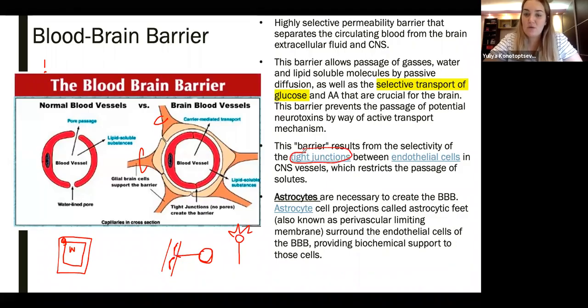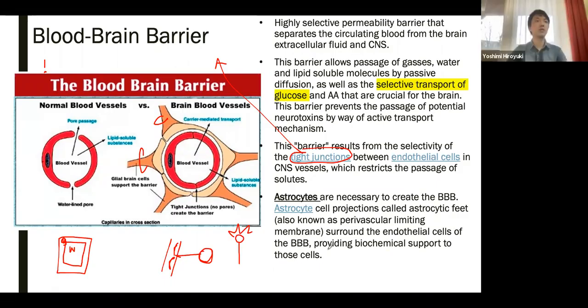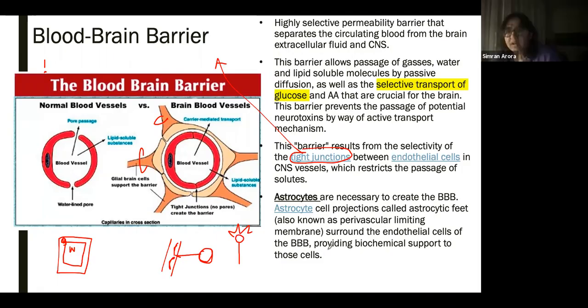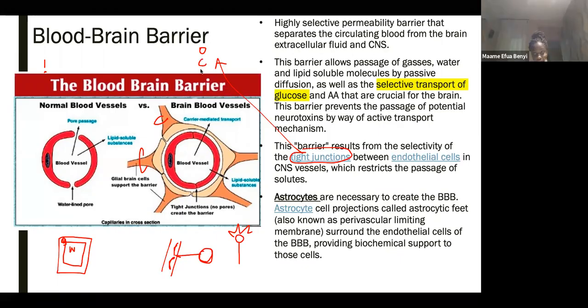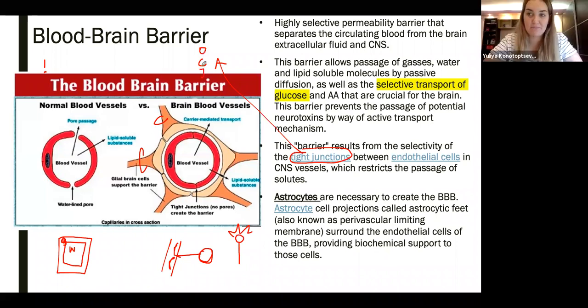Can you remind me which proteins are present in a tight junction between two endothelial cells? Claudin, occludin. Very good. So occludin, claudin, and what is the last one? JAM. Very good. Occludin, claudin, and JAM.